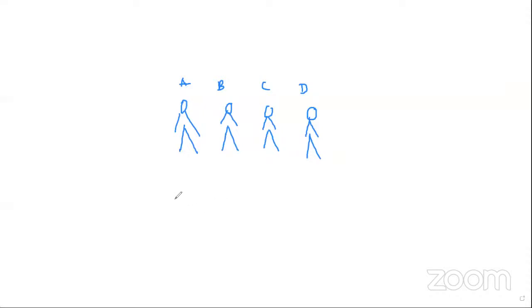So how do you approach that problem? There are 4 places here because there are 4 persons. So there are 4 possibilities here, 3 possibilities here, 2 possibilities, and 1 possibility. Because if one person is already in the first place, he cannot be in the second place anymore.